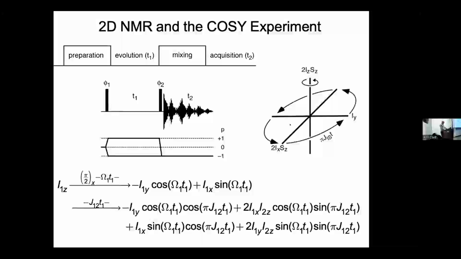So I have IZ, IX, IY, and because I'm interested in how IY evolves, I decorate the IZ axis with 2SZ and the IX axis with 2SZ, so that IY under the J coupling evolves into minus 2IXSZ. Everybody happy with that?